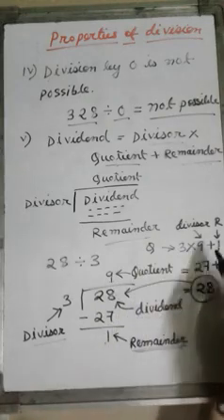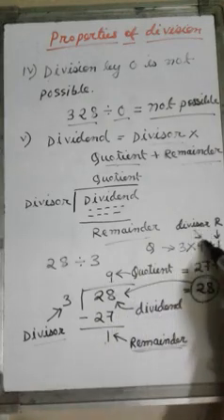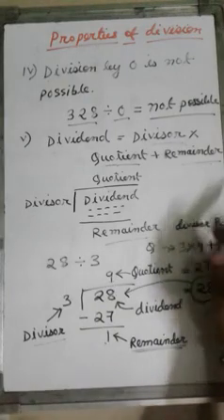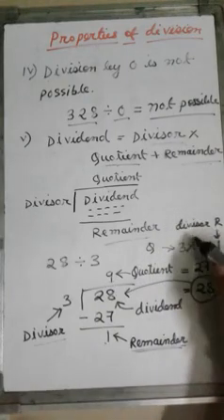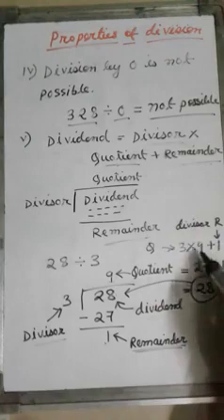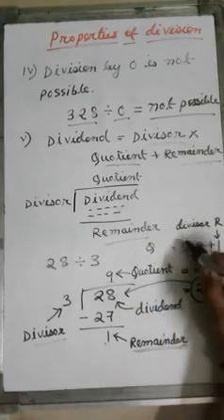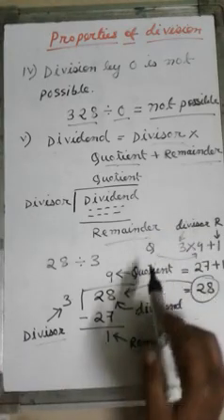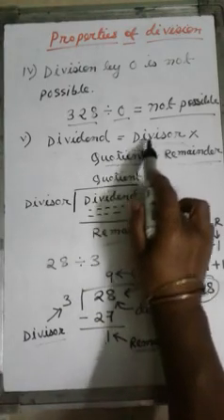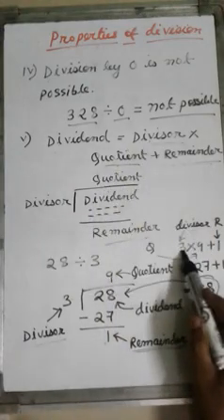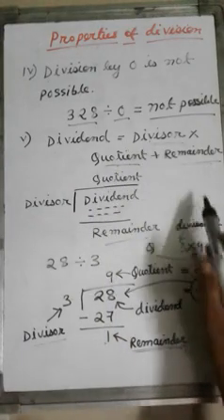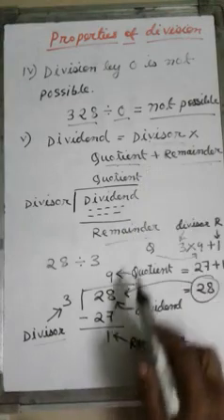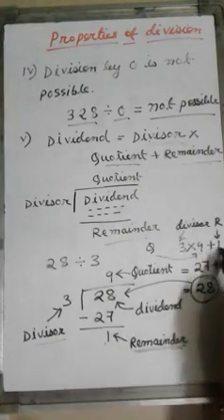Now here we have divisor 3, quotient is 9. So divisor into quotient, 3 into 9, plus the remainder. Remainder is 1.